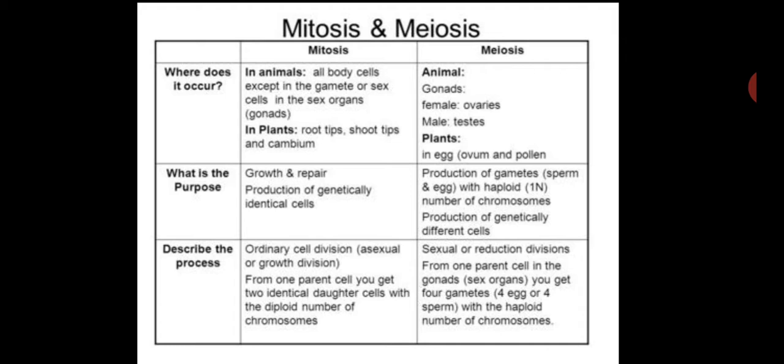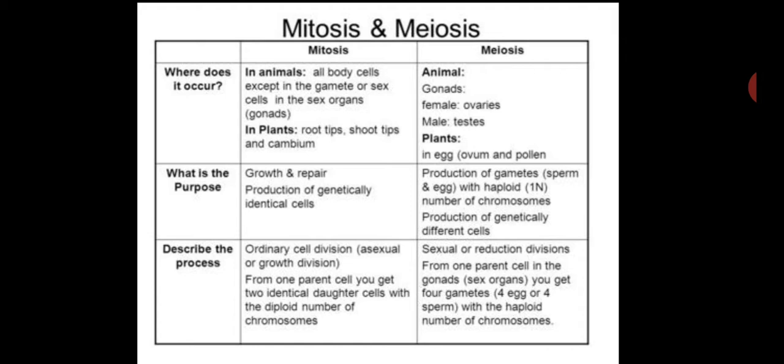Most importantly, the chromosome number of the parental cell is reduced. The daughter cells are four in number, and their genetic composition is completely different. That is why meiosis is known as heterotypic or reductional division, whereas mitosis is homotypic division, right?